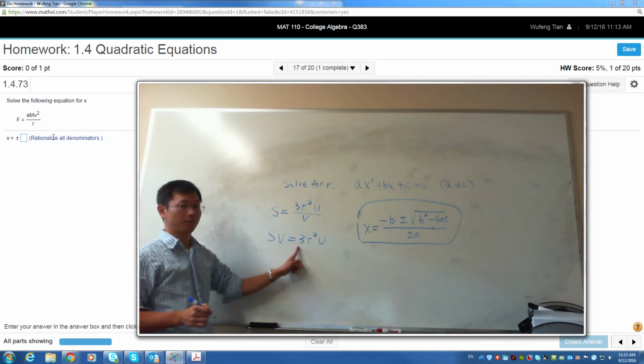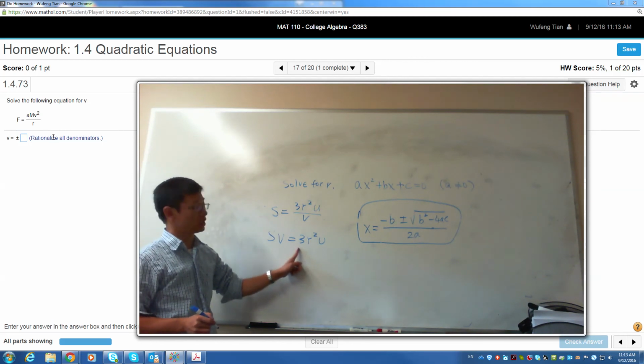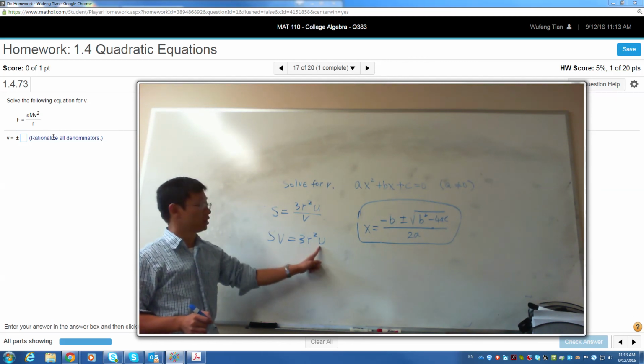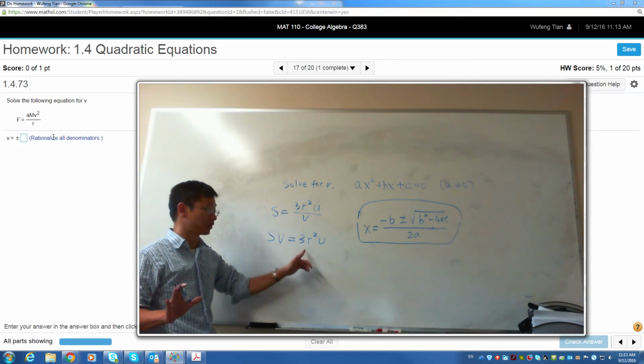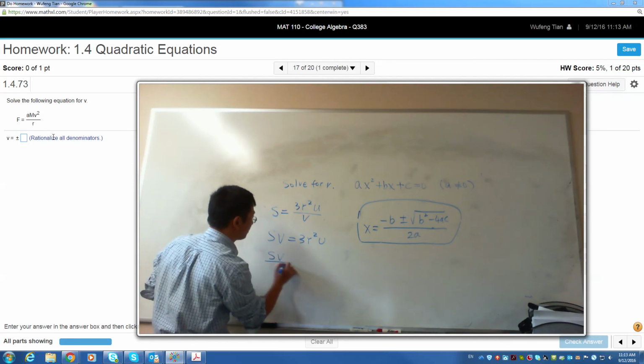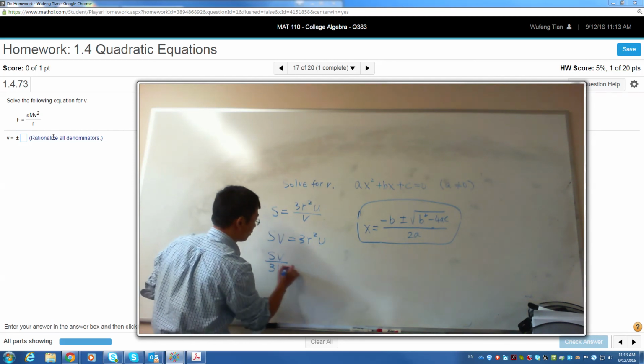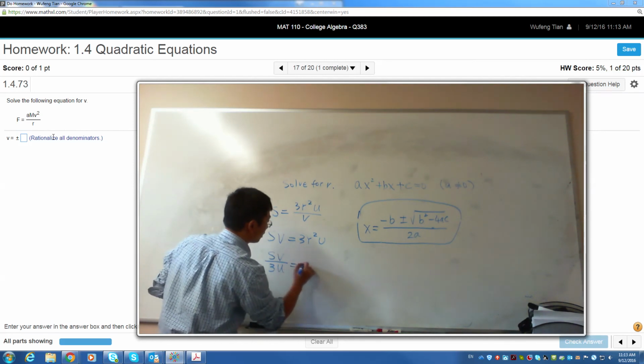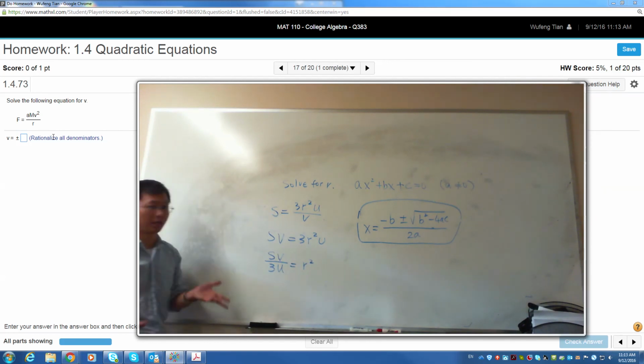Now I have 3 as a coefficient, and u as a multiplication. So I just need to divide both sides by 3 and divide both sides by u. You get sv divided by 3 divided by u, then r squared will be isolated.